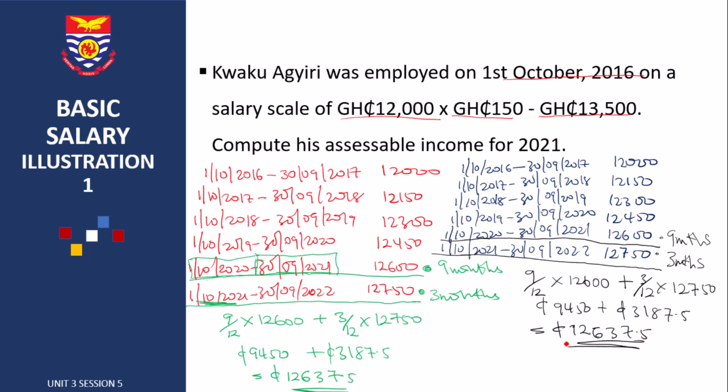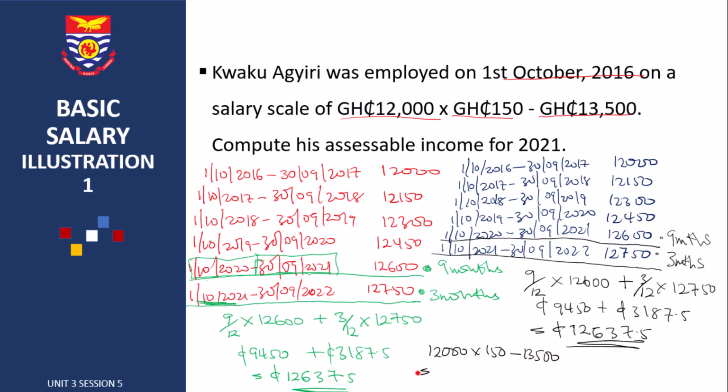The total is giving us 12,637.5. Please don't make the mistake of computing the accessible income as 12,000 multiplying 150 minus 13,500.